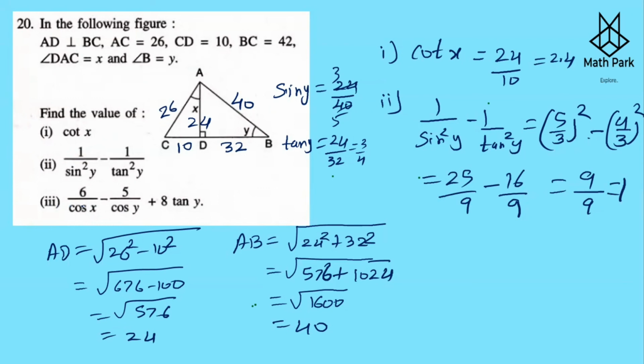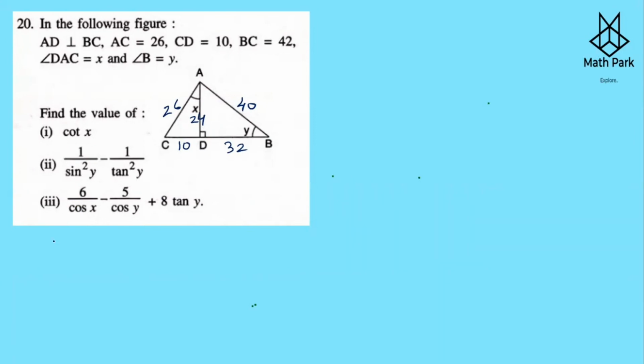Now we will be doing the last part of this, 6 upon cos x. So let us first find cos x. So we have cos x is equal to adjacent upon hypotenuse, that is 24 by 26. 24 upon 26 is 12 upon 13. And then let us find cos y.